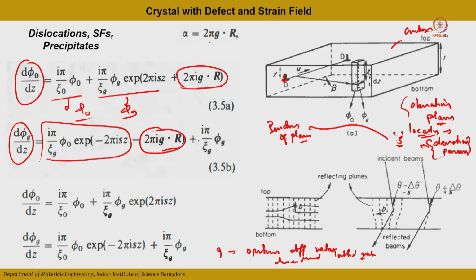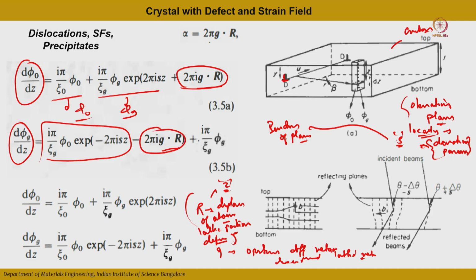And r represents the displacement of atoms from their lattice positions due to the defect, and this displacement may actually vary along z. So r is the displacement vector.